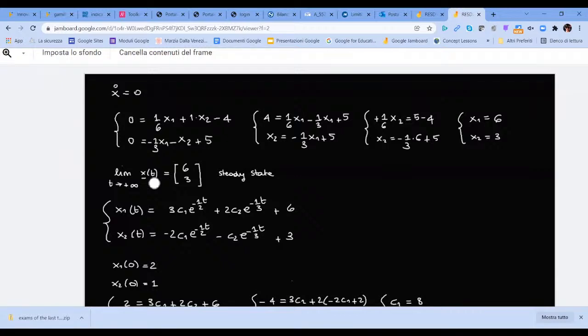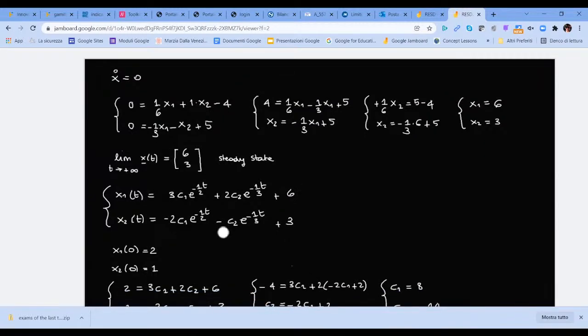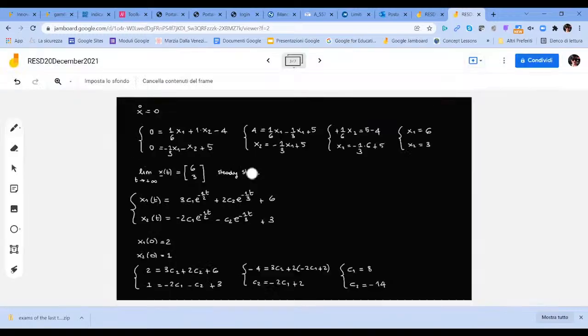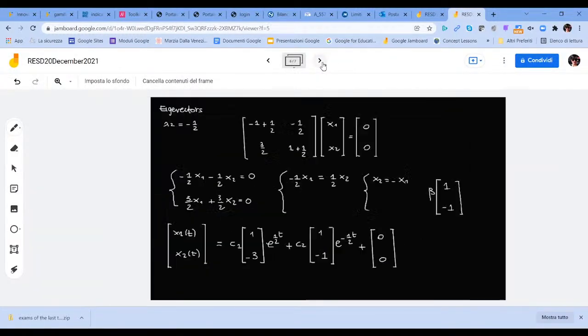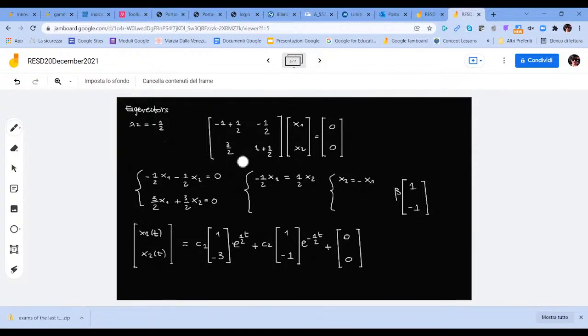What do we have as initial condition that can give us this solution, the general solution in the same form as this one, in order to let the general solution converge to the steady state?